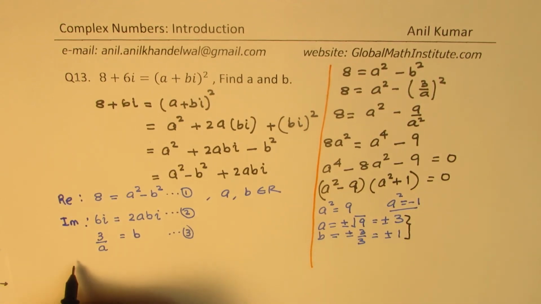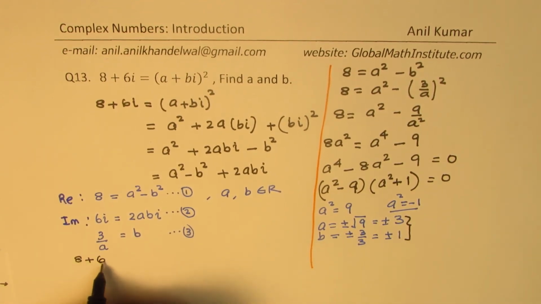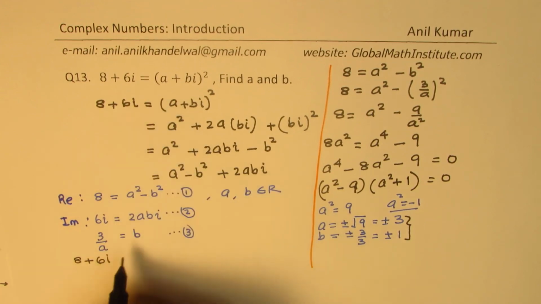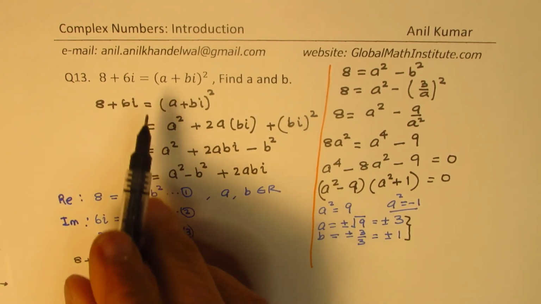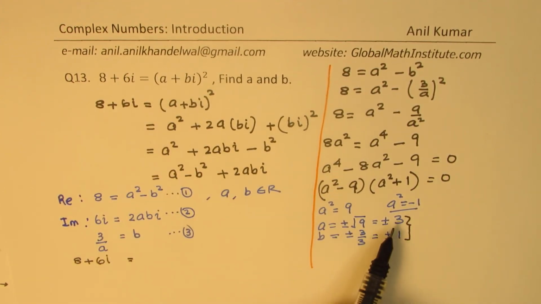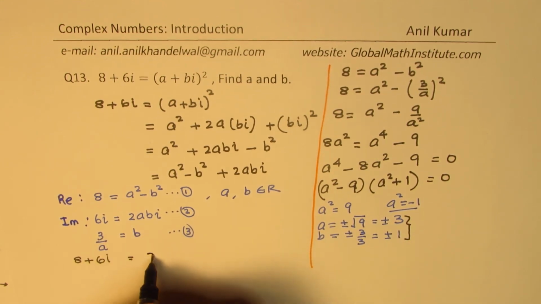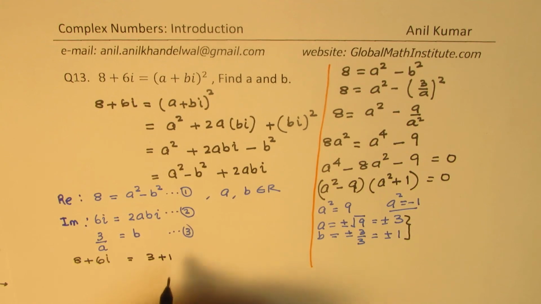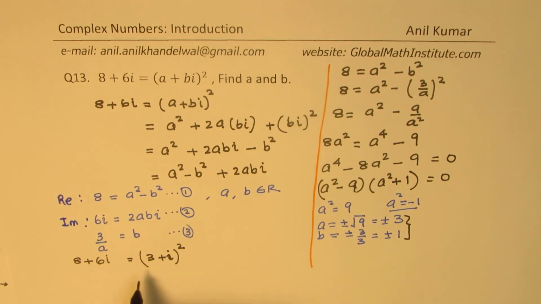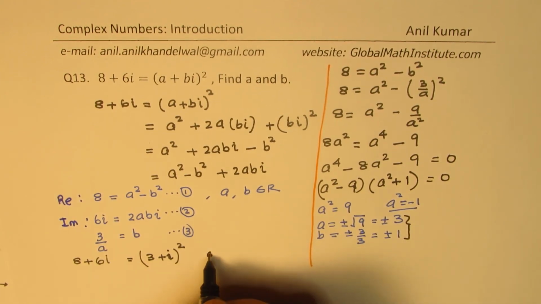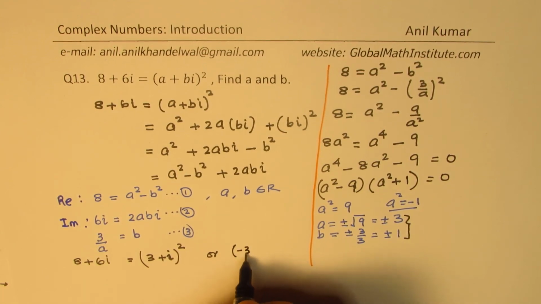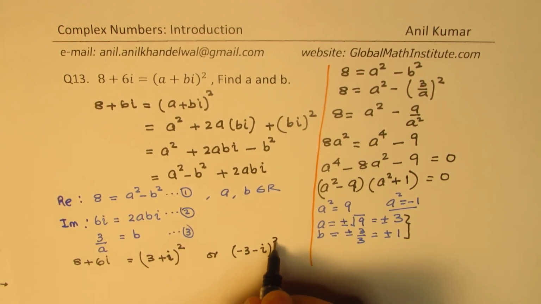With those solutions, we can write 8 + 6i as follows: a could be 3 and b is 1, so it is (3 + i)². And this is also equal to (−3 − i)², either way.